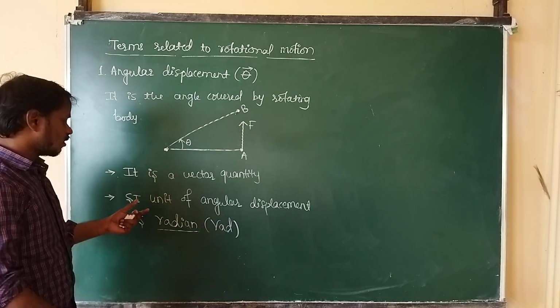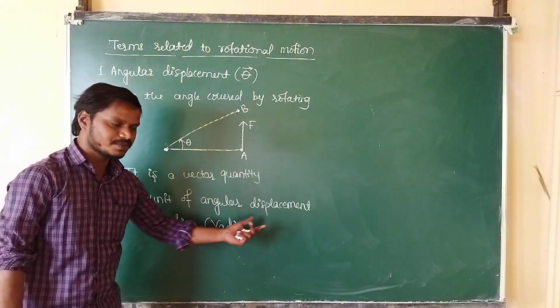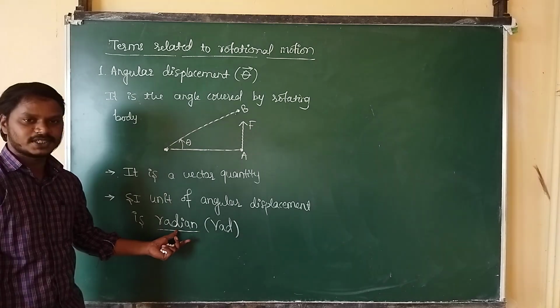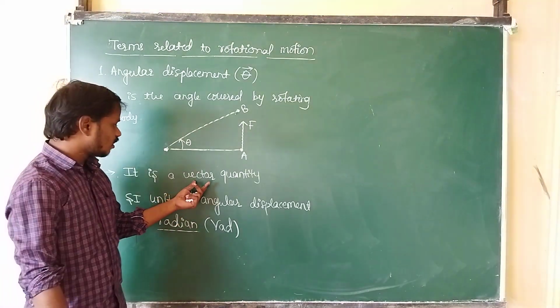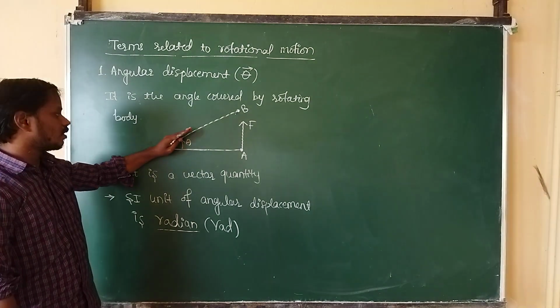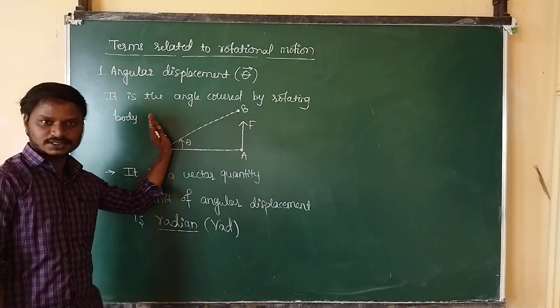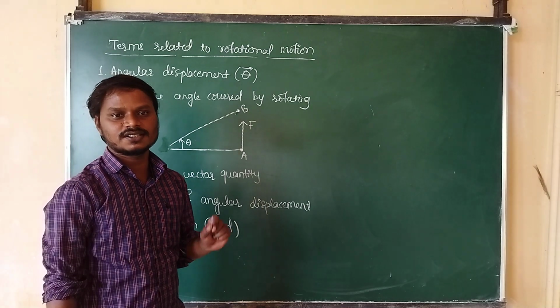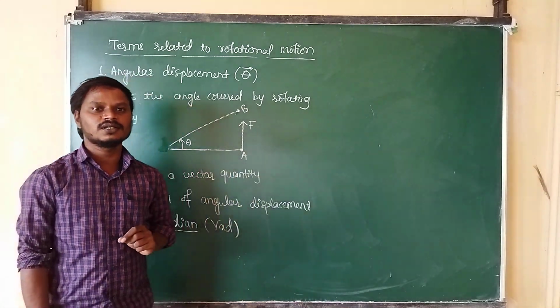Then what is the SI unit of angular displacement? The SI unit of angular displacement is radian. And angular displacement is a vector quantity because the angle covered by the rotating body is in a particular direction. That is why angular displacement is a vector quantity.